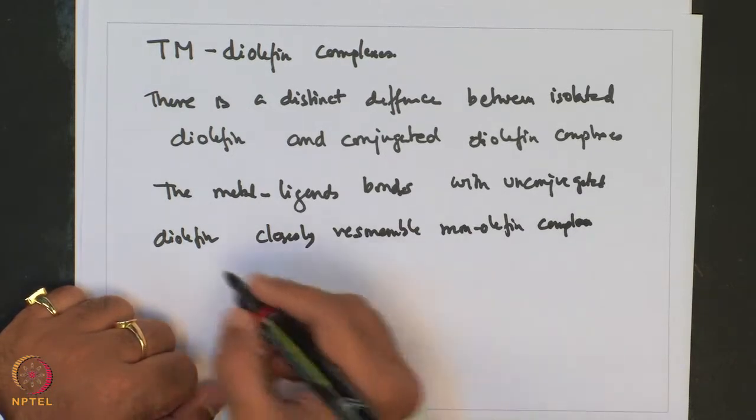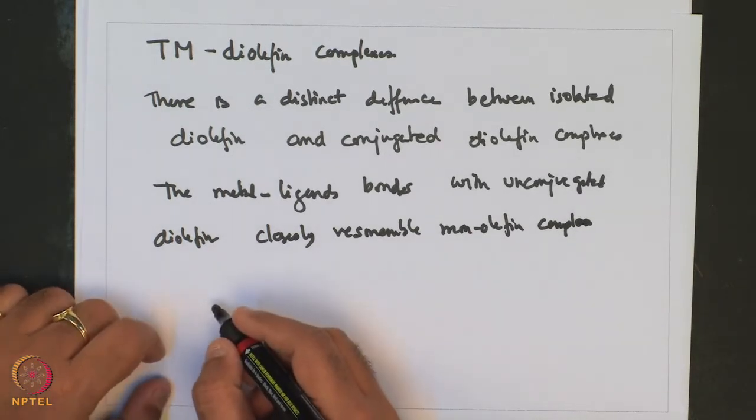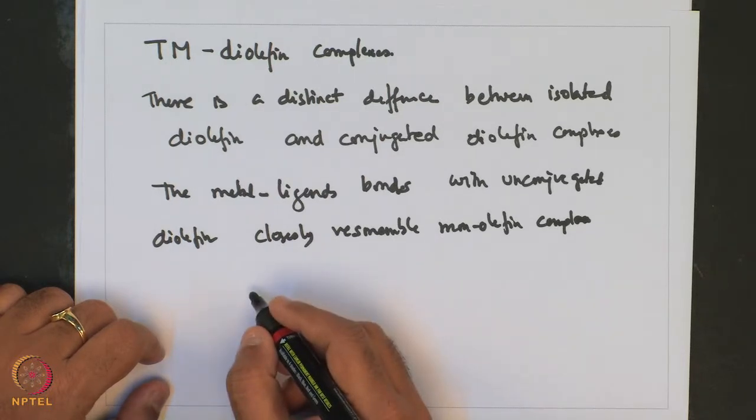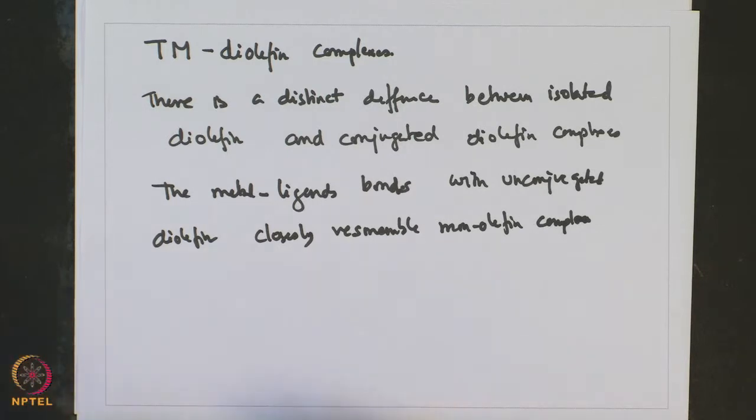Also, wherever there are conjugated di and oligo olefins having delocalized pi MOs, they would exhibit different energies and symmetries. Okay.